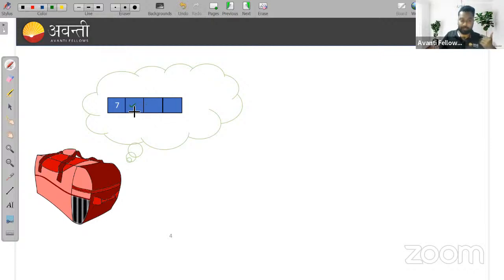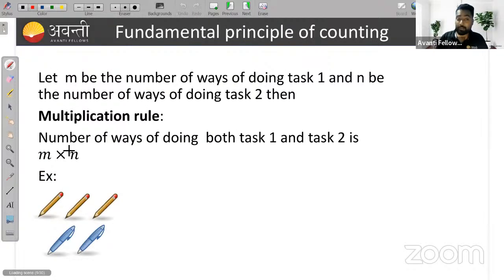You can solve this by using the fundamental principle of counting. This is a situation to understand the use of the fundamental principle of counting. Let's see the definition.